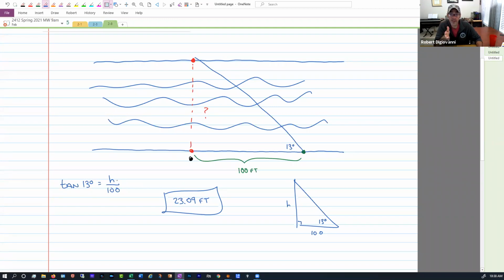Now, believe it or not, this is a way that people a long time ago estimated the distance from us to the moon, how far away the moon was from us. Same thing. You're sitting there looking at the moon, and here's your eyeball. So there's my eye.